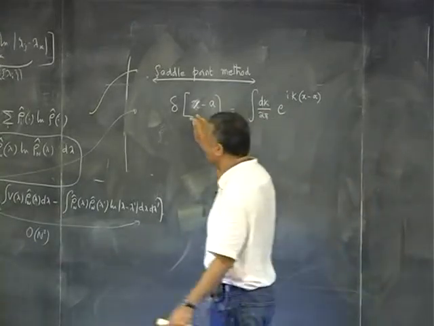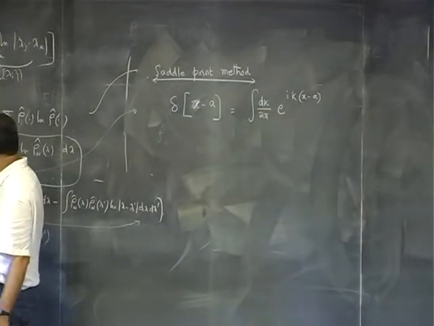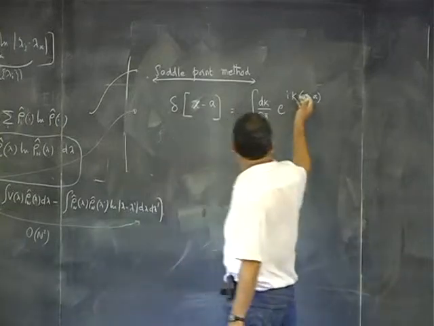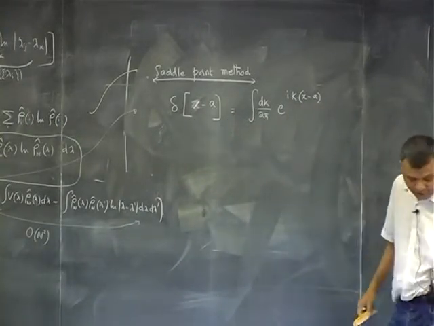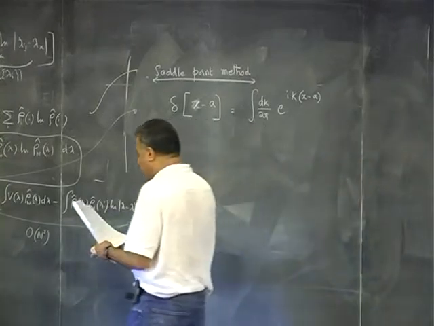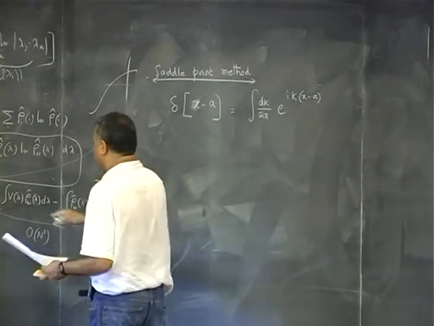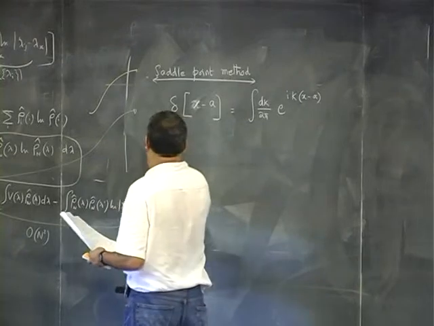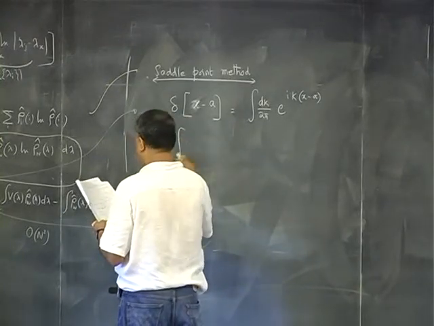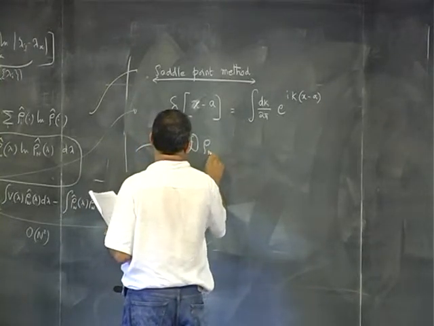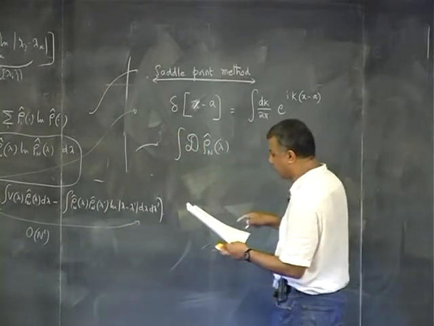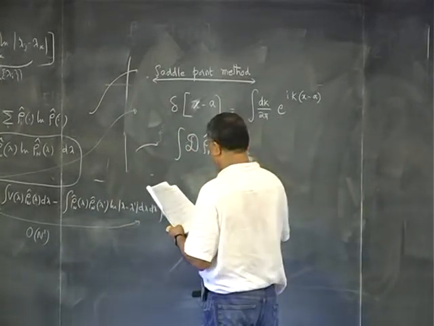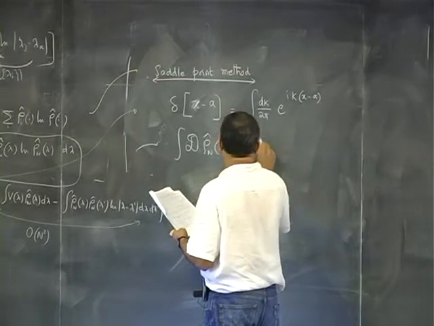Because your idea is to somehow raise it as an exponential, and then you can use everything in one action. Okay. So if I do that, I start from this, and then I just write this as a functional integral over all possible densities, and this delta function I just replace by its integral representation.